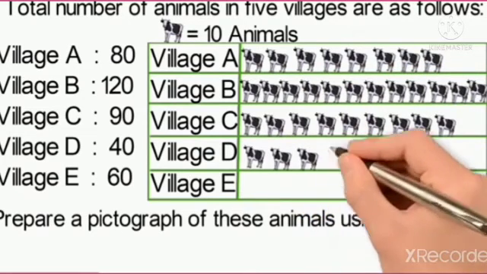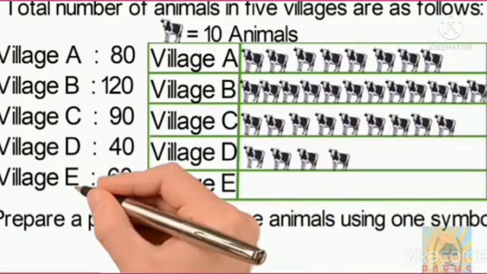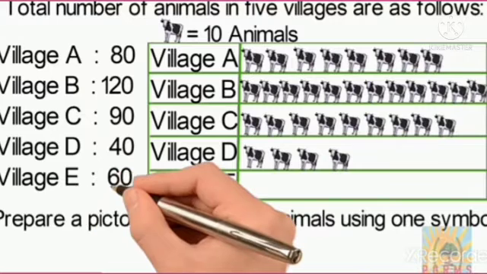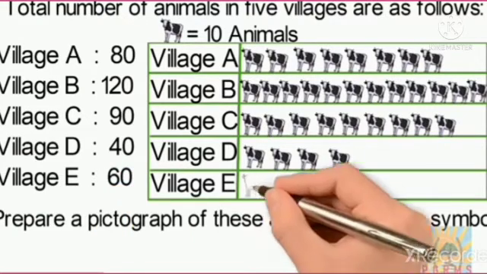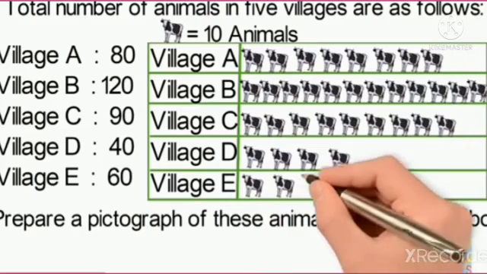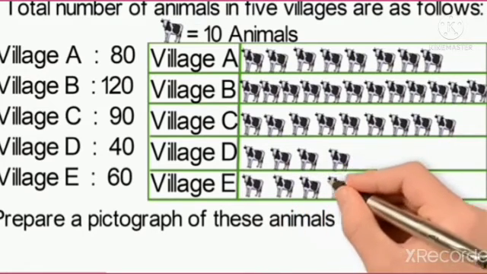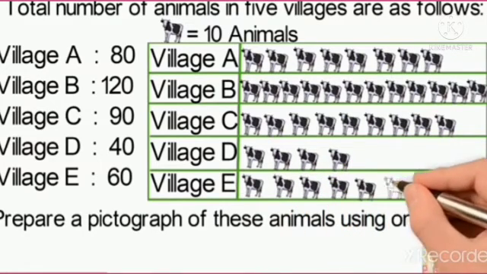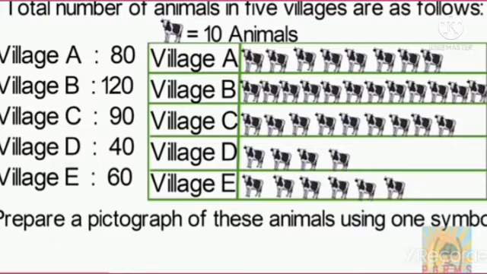So in this way we will proceed with the whole table, and by showing all the animals we will draw the table complete. So here we draw all the animals using one symbol equal to 10 animals.